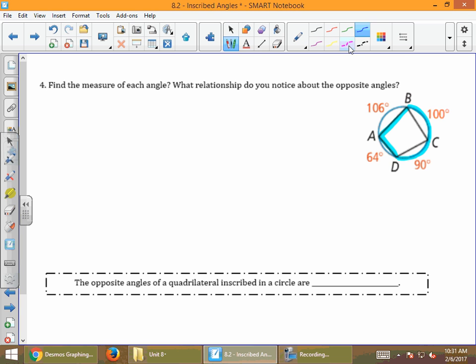So 100 plus 90 is what? 190. And again, that angle is on the edge. So what do we have to divide the arc by when it's on the edge? 2. 190, divided by 2 is?